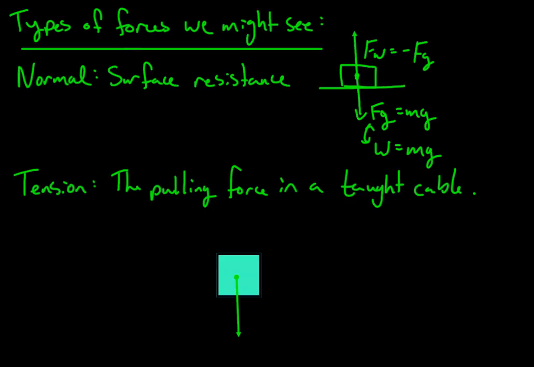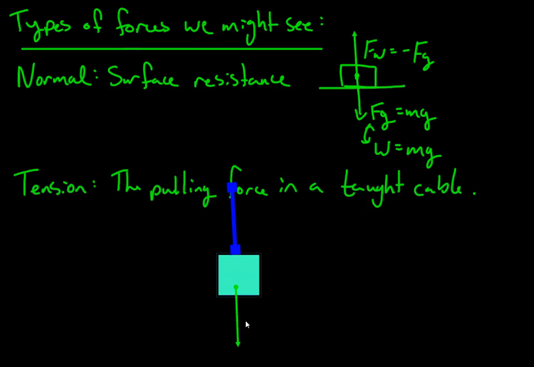I think a rope looks kind of like that. So there's our rope, and we'll imagine that this block is hanging from a rope. I suppose a rope actually would come from the top of it. There, like that.